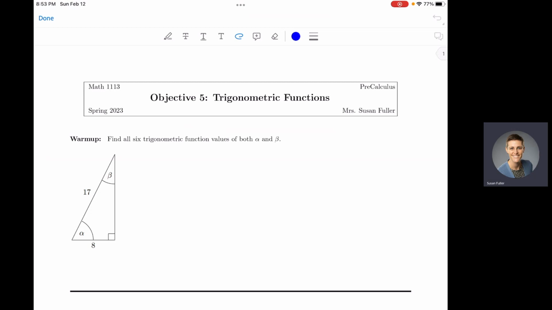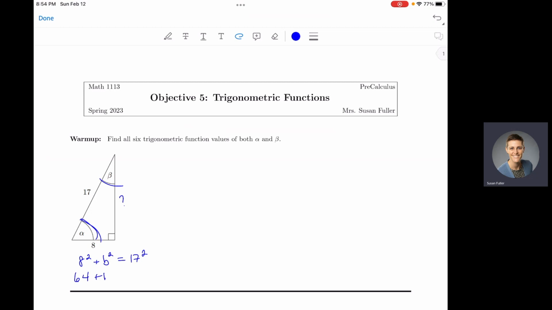Okay, hopefully you've had a chance to practice these. So let's rock through these. In order to find all 6 trig functions of both of these angles, I'm going to need to know what this side is. So in order to find that, we're going to use the Pythagorean theorem. We're going to have 8 squared plus this side squared is equal to 17 squared.